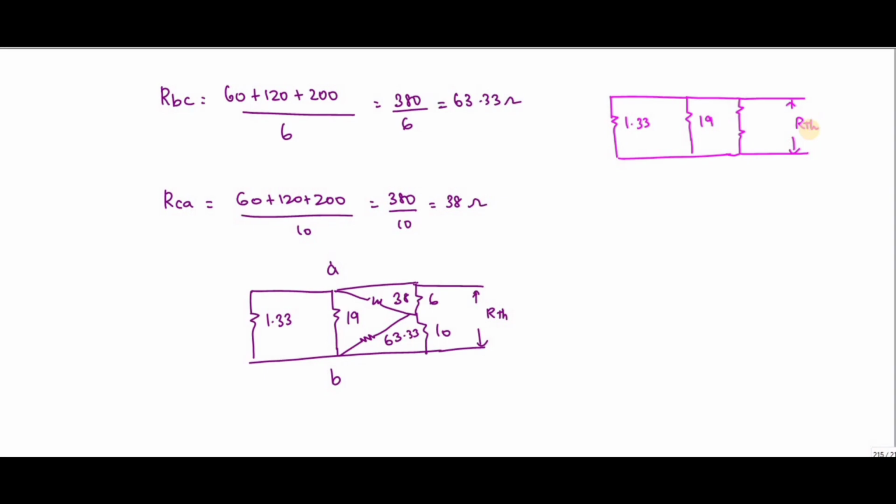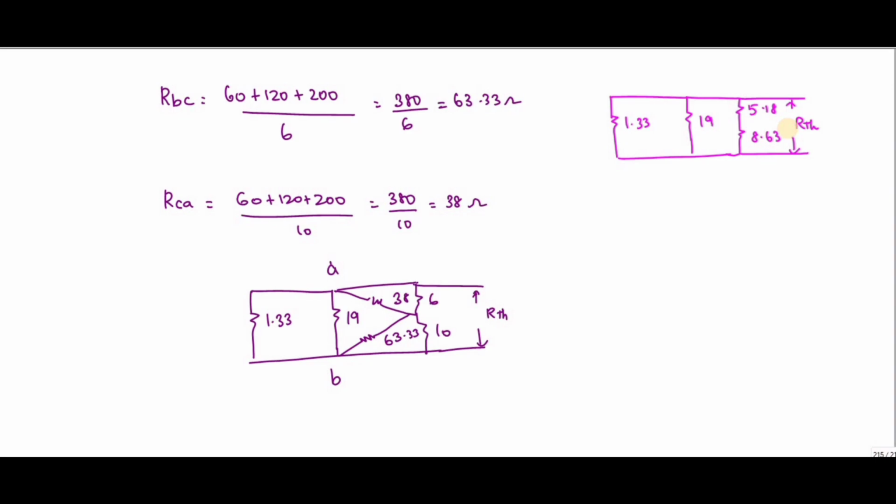Now 6 into 38 divided by 44, the answer is 5.18. And 10 into 63.33 divided by 73.33 is 8.63.